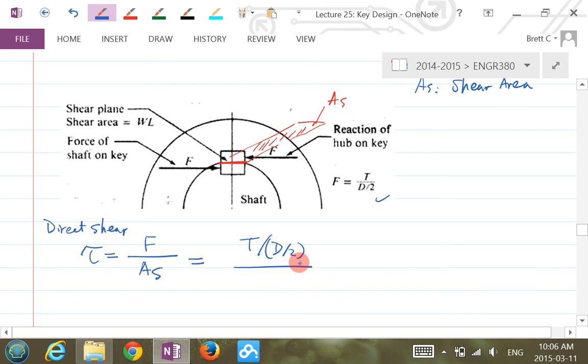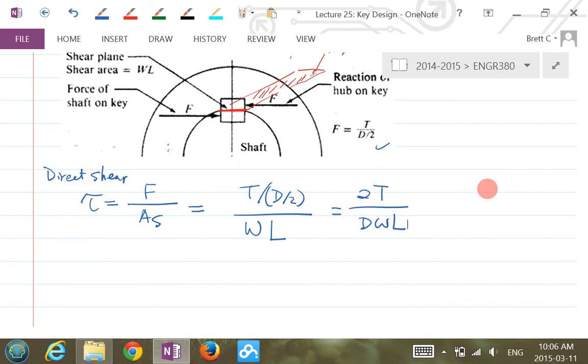The shear area is a rectangle: this side is the width W, and that side is the total length L. So this equals 2T over dWL. That's the shear stress.